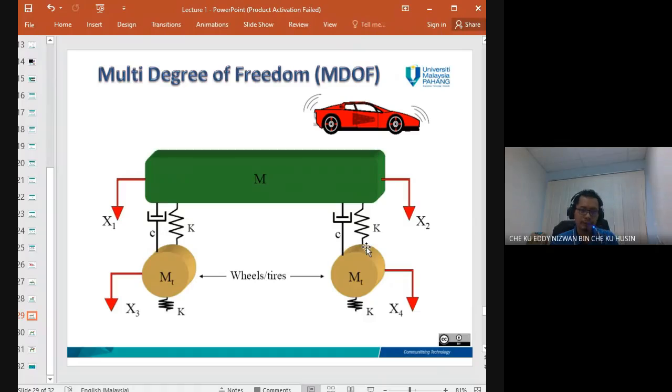Normally it is controlled by the damping, so you have to put in a sufficient amount of damping to ensure that very minimum force is transmitted to the car body.